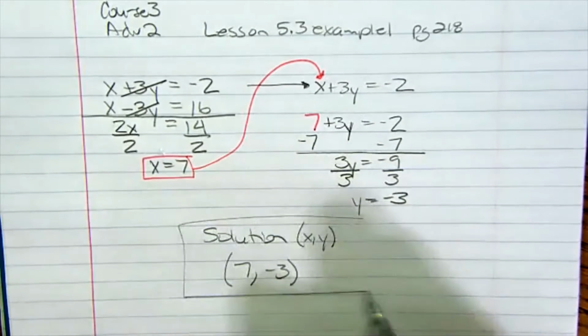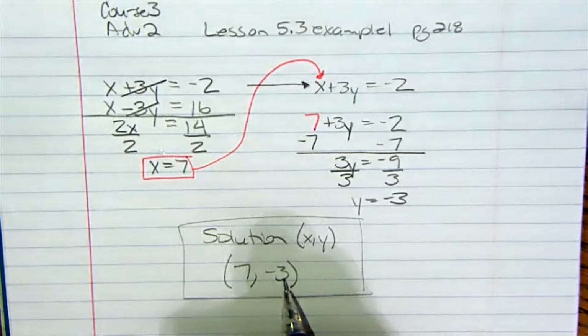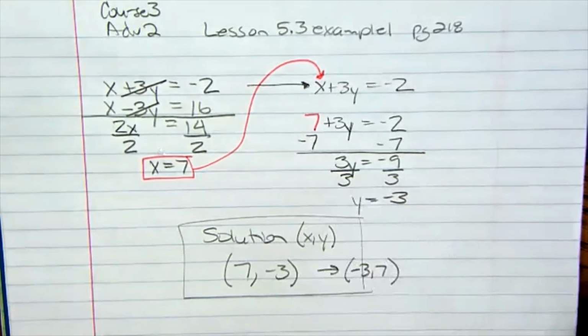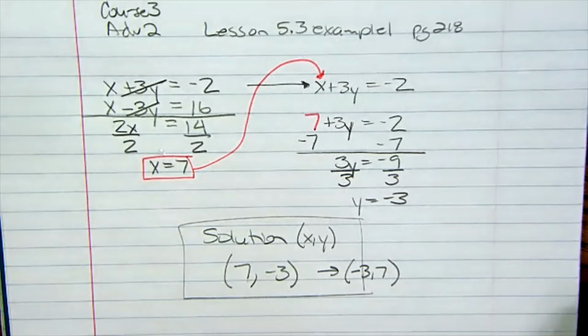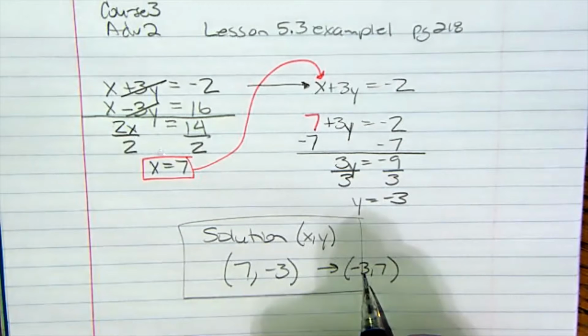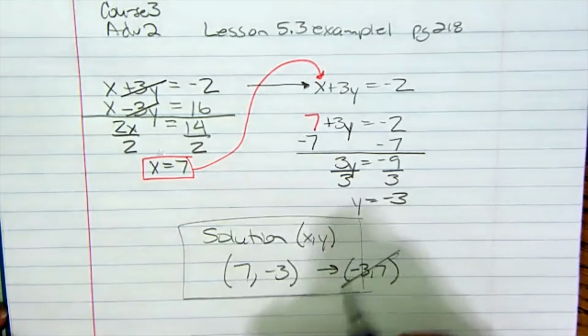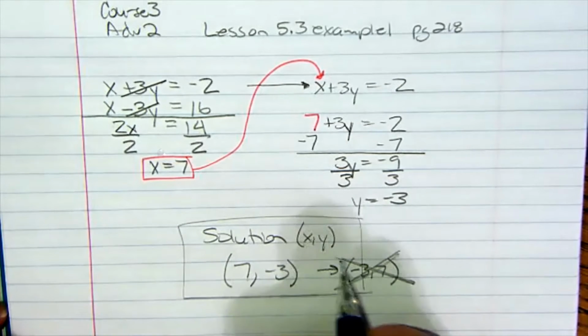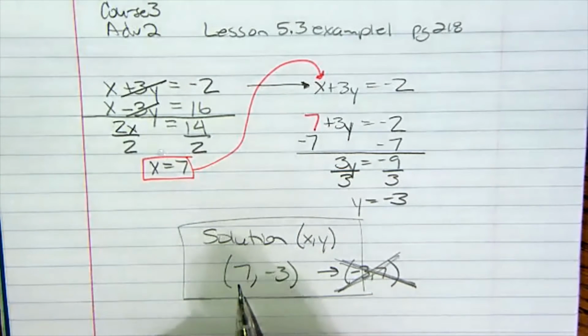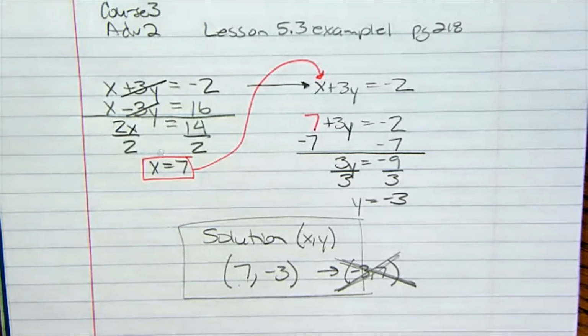Now somebody asked me, does the order matter? Can we make it -3, 7? No, you cannot. This is at a completely different location on a graph than this. So that's a big fat no. You cannot switch the order. It is x, it is y.